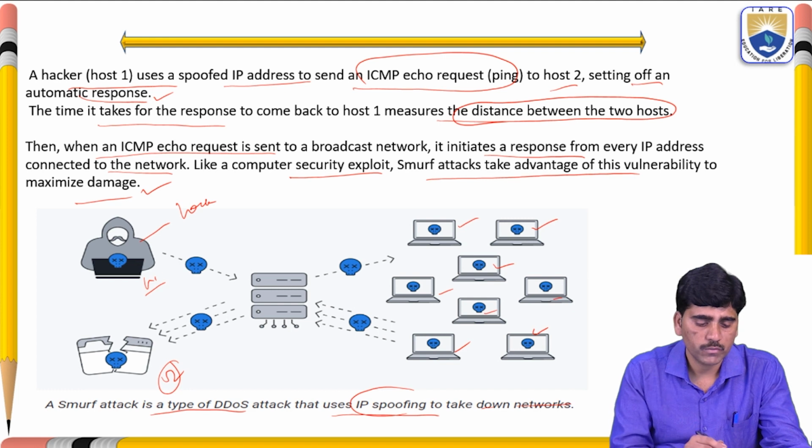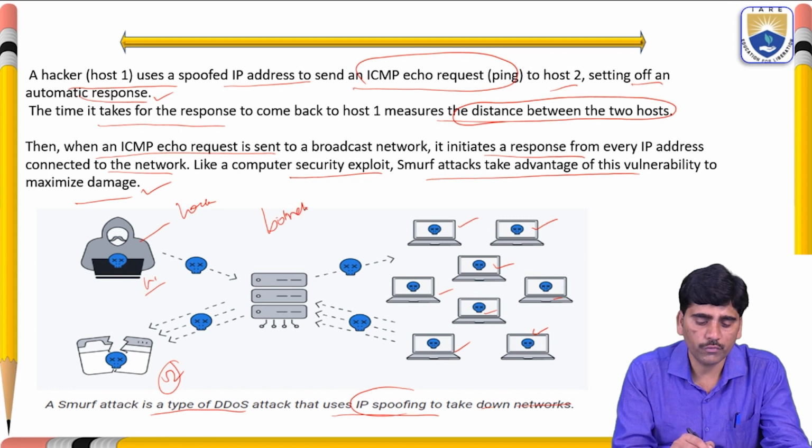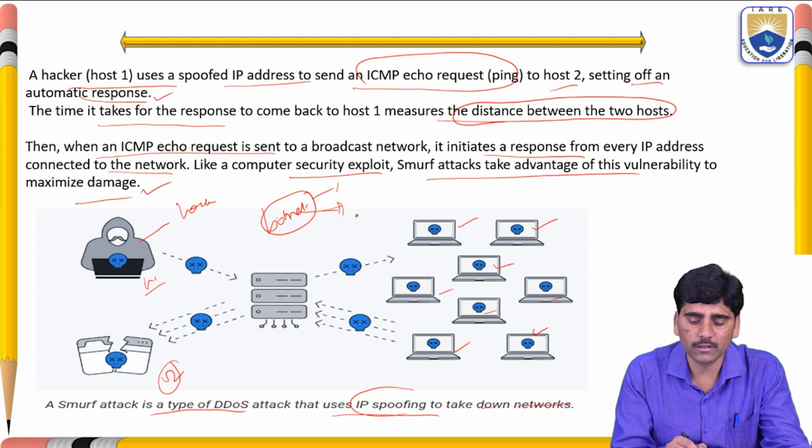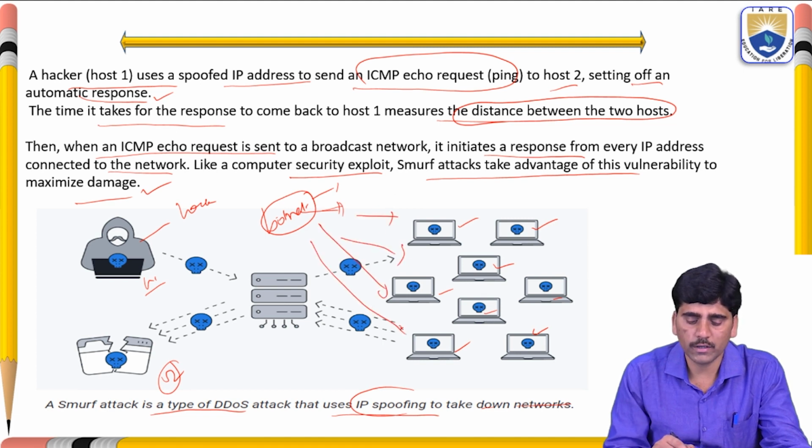Here, the attacker creates a botnet with the help of multiple ICMP echo requests. Each and every system gets infected by this botnet, so all the systems are handed over to the botnet.